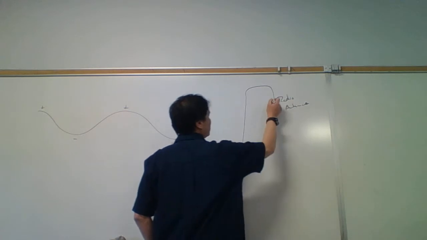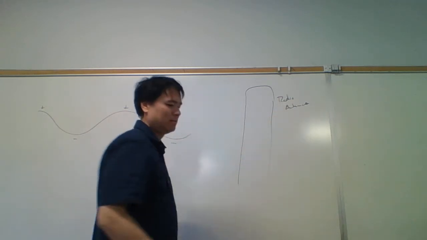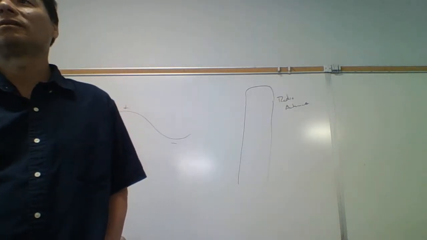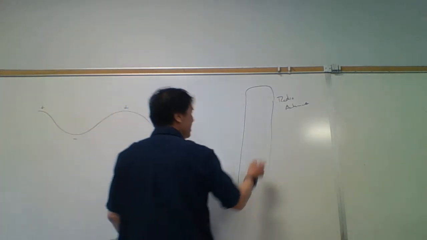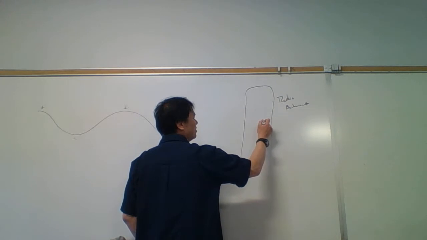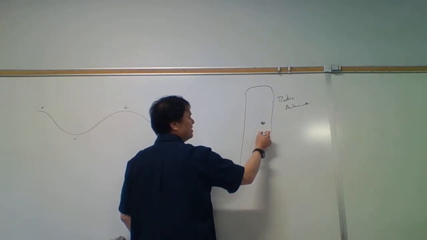If we look at a radio antenna like this, it's typically made up of metals. And the metals are going to have some nucleus here, let's say, with some positive charge in the nucleus, protons. But one thing about metals is the electrons in metals are kind of loosely held.